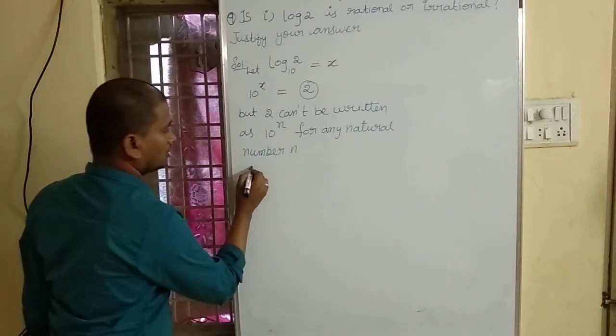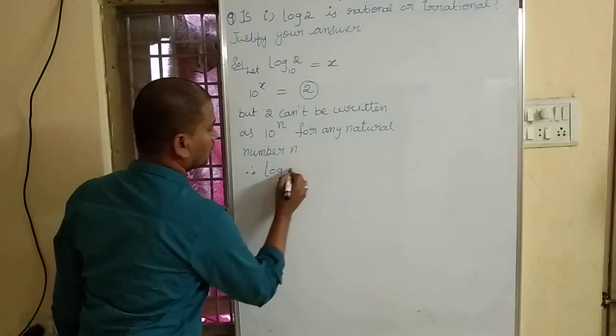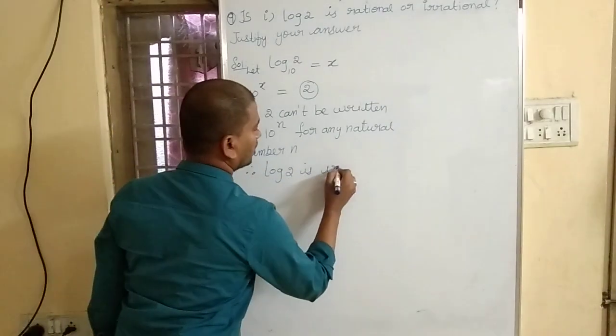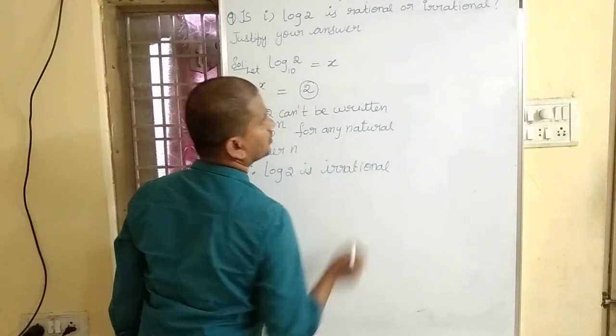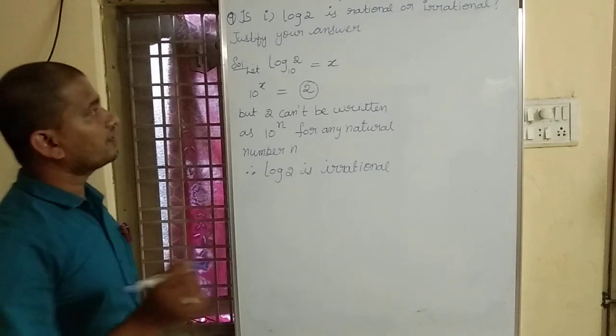Therefore log 2 is irrational. Log 2 is irrational. Okay, in this only we have a second question.